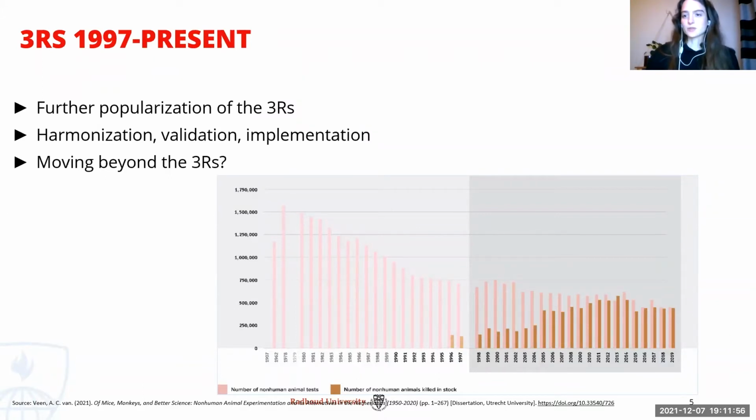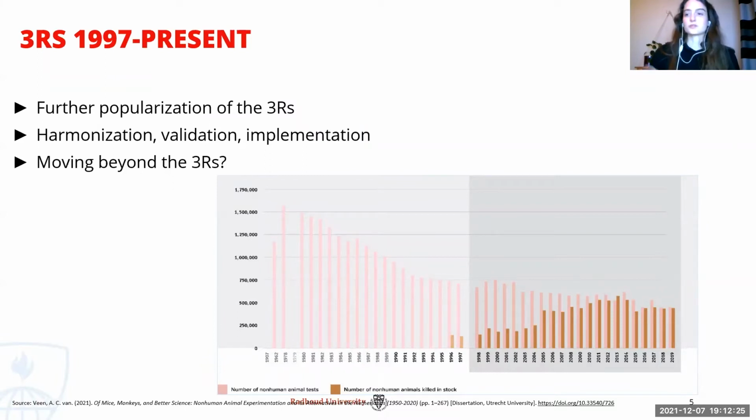And that's interesting, because the 3 R's policy and alternatives, they also started around the 1980s, and of course they were not going to have such a fast effect on the numbers, because it takes a few years, often about 10 years for an alternative to be developed and then validated and then implemented. So it seems that the first drop in animal use is actually more down to the registration effect.